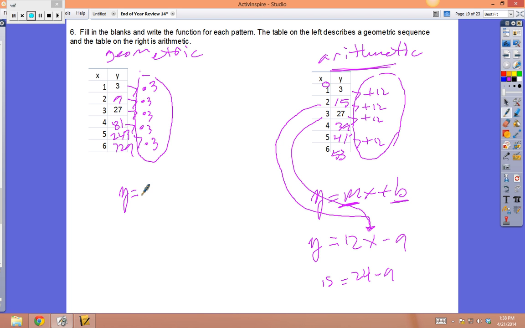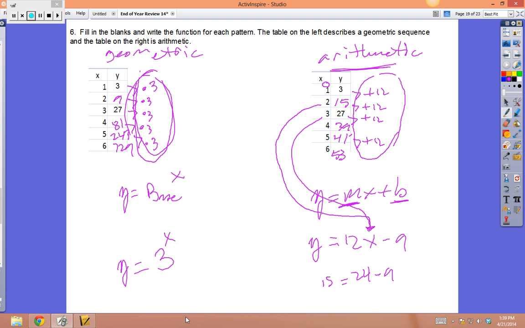But now if it's growing by multiplication, this is an exponential function. So it's going to be y equals some base to the x power. Now we've got to find the base and the exponent. Since I'm timesing by 3 over and over again, I think the rule is just going to be y equals 3 to the x.